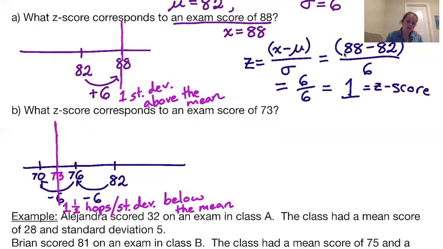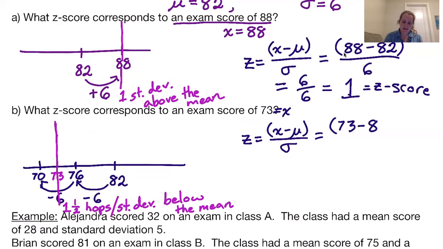But again, we can use the z-score just to calculate this without having to figure out the hops. So z is x minus mu divided by sigma. X is our data value, so 73 is our x. We are looking at 73 minus 82 divided by 6, or negative 9 divided by 6, and we get negative 1.5.